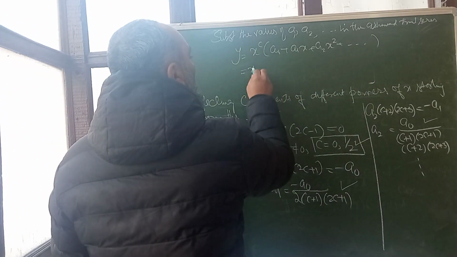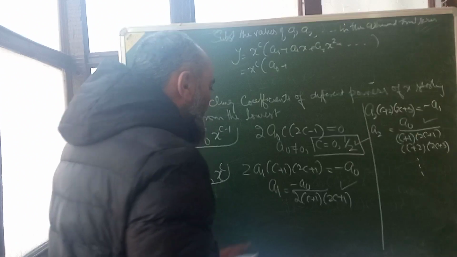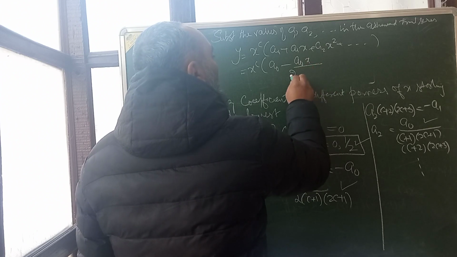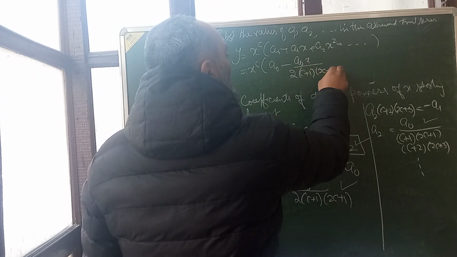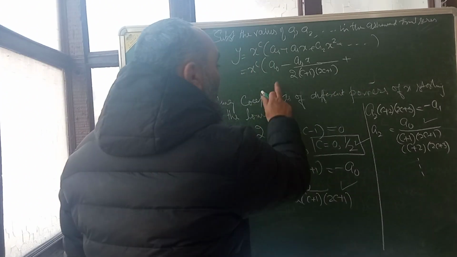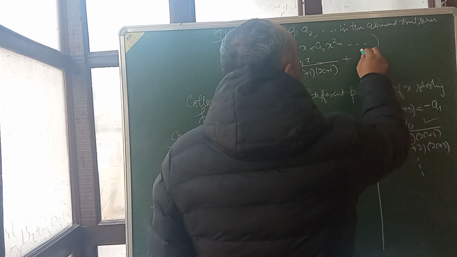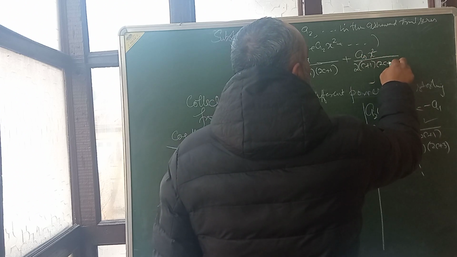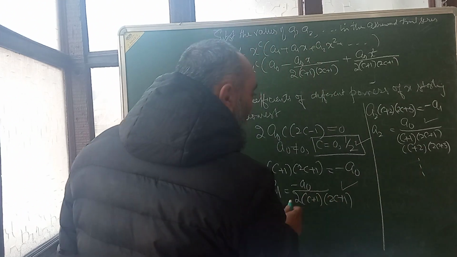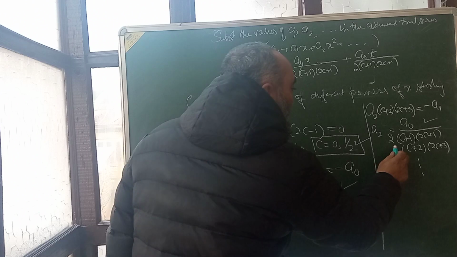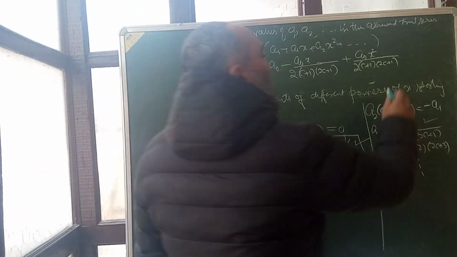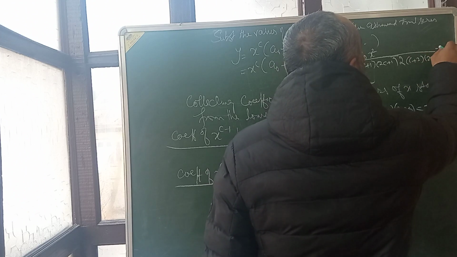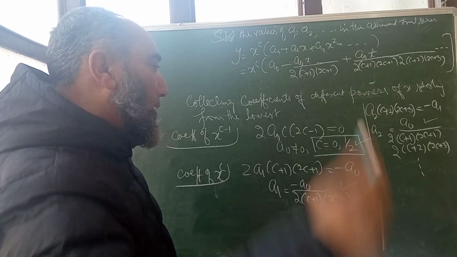This is equal to x raised power c, a0 plus a1, this is your a1, minus a0x twice c plus 1, 2c plus 1, plus a2, which is a0 x square twice c plus 1, 2c plus 1, then again twice c plus 2, 2c plus 3, minus, and so on. The last will be plus minus, and so on.